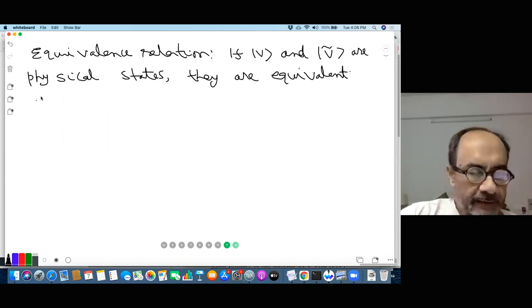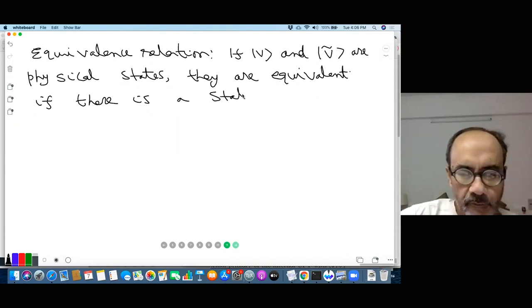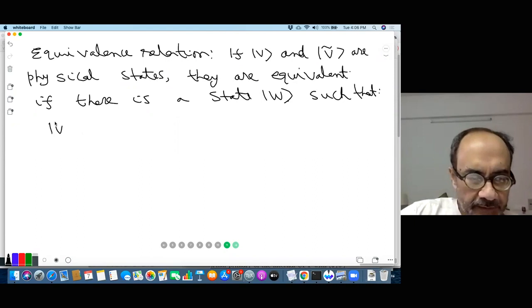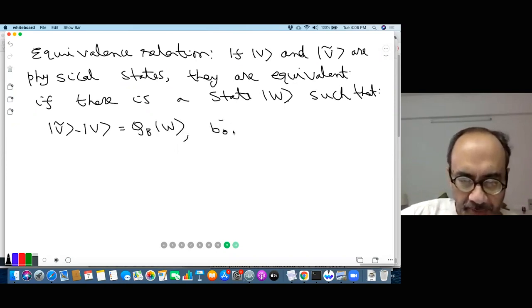They are equivalent if there is a state W such that V tilde minus V is QB on W, but W has to satisfy the same conditions, the level matching condition.